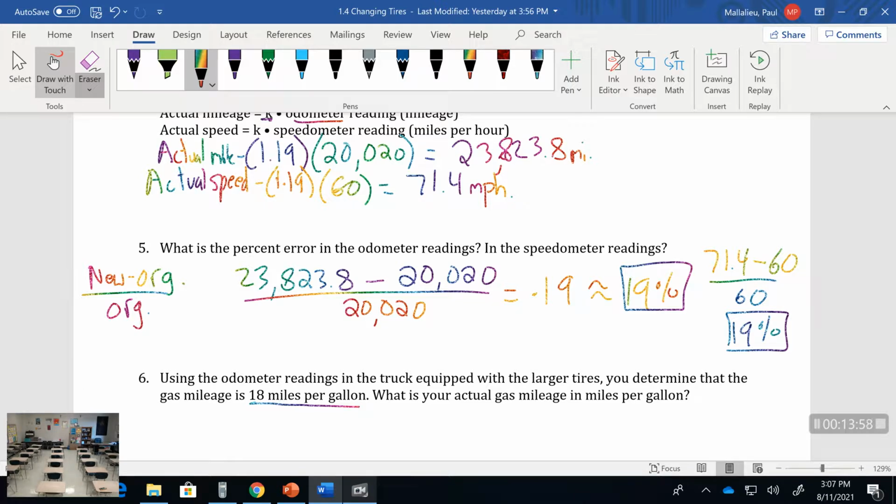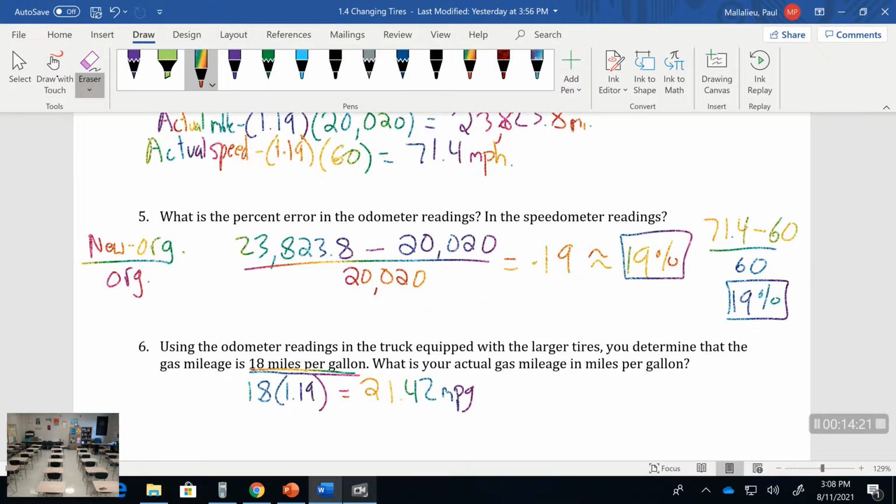This is basically saying your actual gas mileage in regard to what it would be showing, because bigger tires does not mean that you're going to have improved gas mileage. So don't get this part confused about what it's saying. It's 18 miles per gallon times our 1.19 scale factor. That's 21.42 miles per gallon.